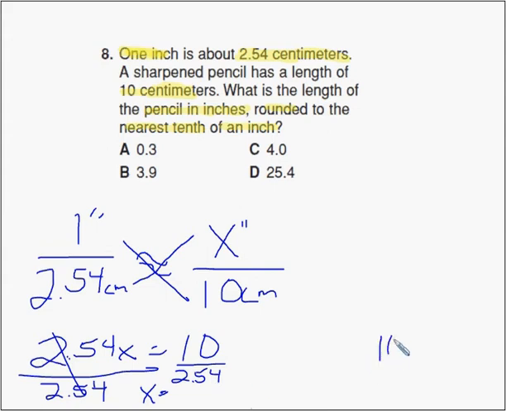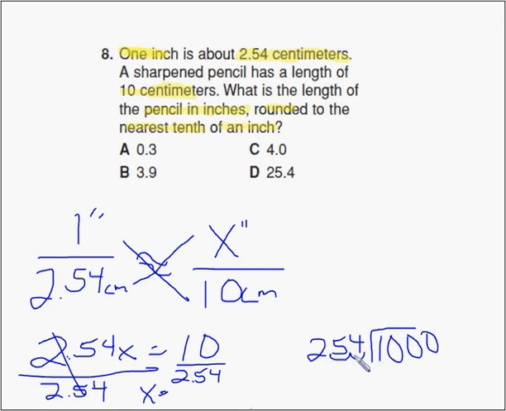10 divided by 2.54. So I'll have to move the decimal place over. That's the same as 25.4. 100 divided by 25.4. And that's the same as 254 divided by 1,000.